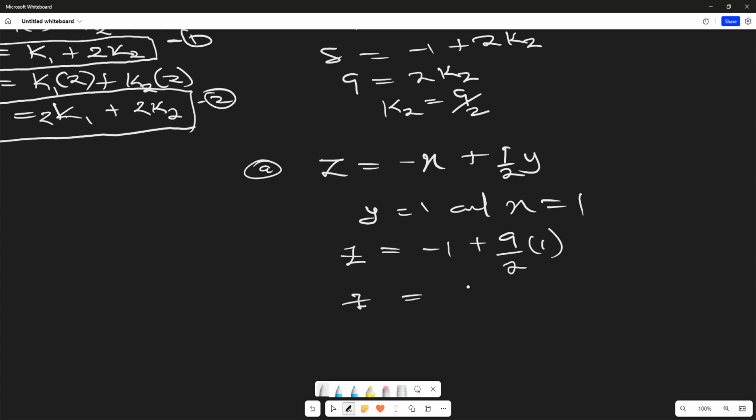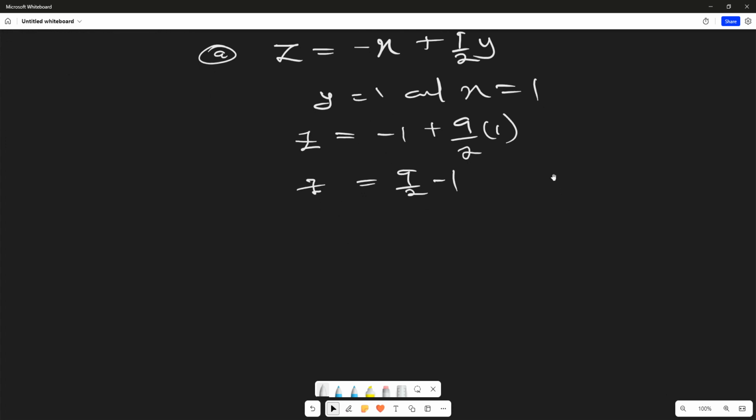And this will just be 9 over 2 minus 1. Let's perform the subtraction. The LCM is 2, so 9 minus 2. We are going to have 7 over 2, or otherwise 3 and a half.